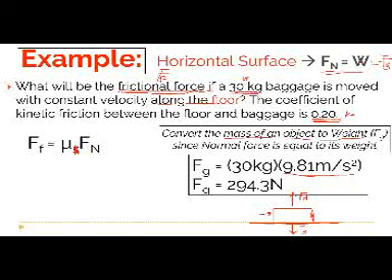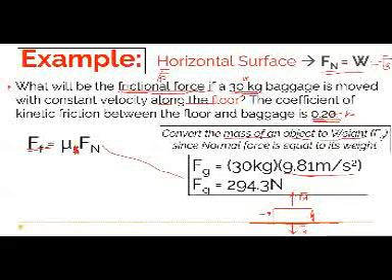Since we are looking for the frictional force, the value of our mu sub K is equal to 0.20 times the normal force, which is equal to the force due to gravity.